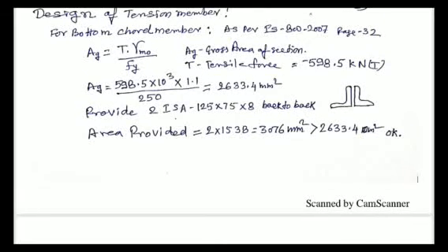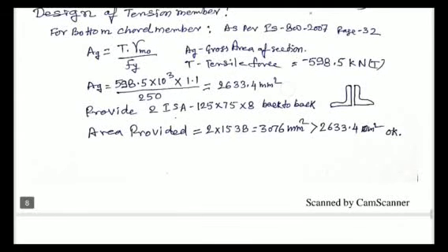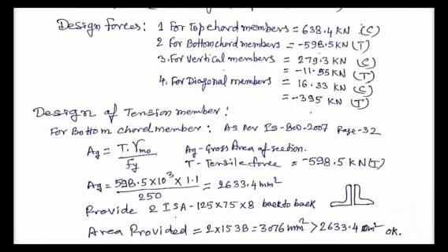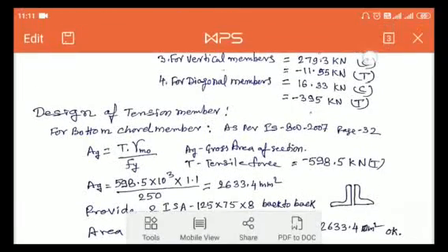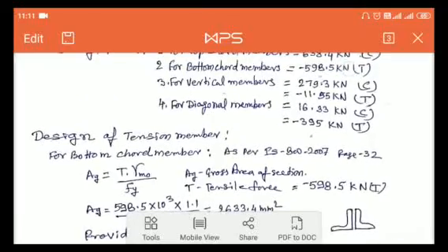So gross area of section of any member required for tensile force T, AG will be equal to T into gamma m0 divided by Fy. Here AG is gross sectional area, T is tensile force. So maximum tensile force for the member here is 598.5 kilonewton, as we have seen earlier.